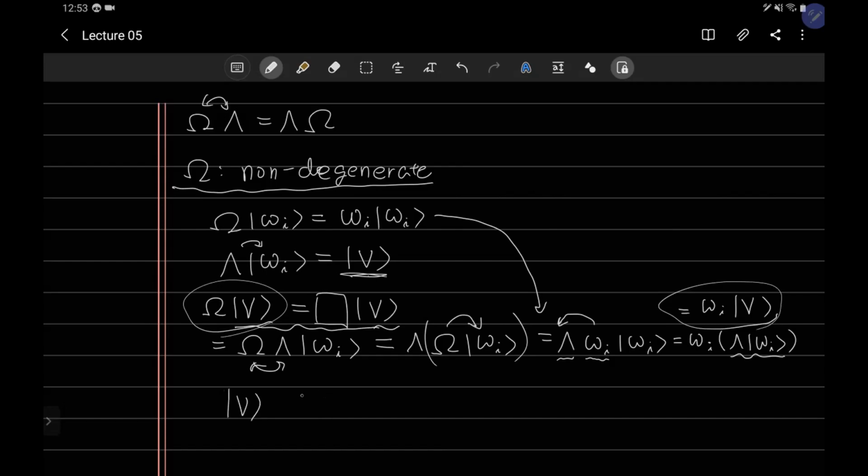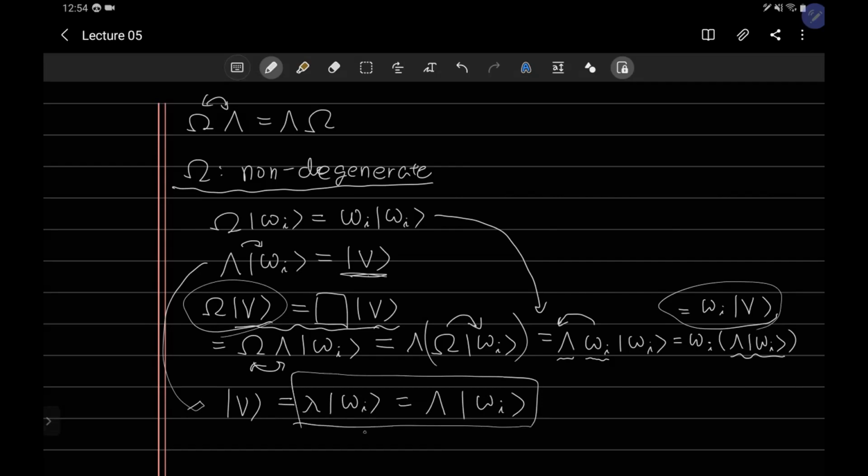Basically, V and omega sub I should be parallel to each other, meaning that there will be some scalar value which will connect these two vectors. And again, because we started with this definition, what this means is that this is omega sub I, and can you recognize this relation?